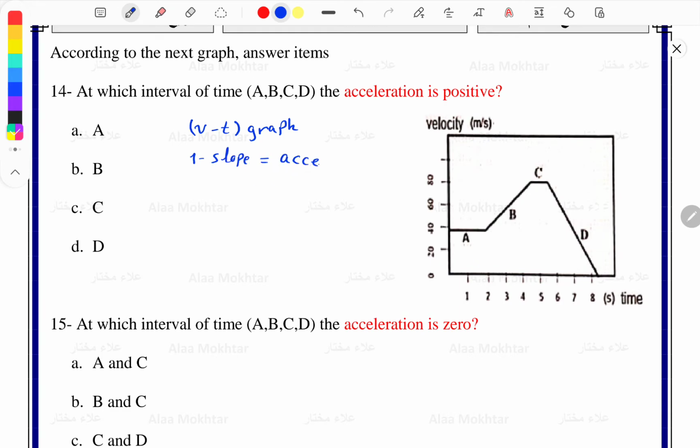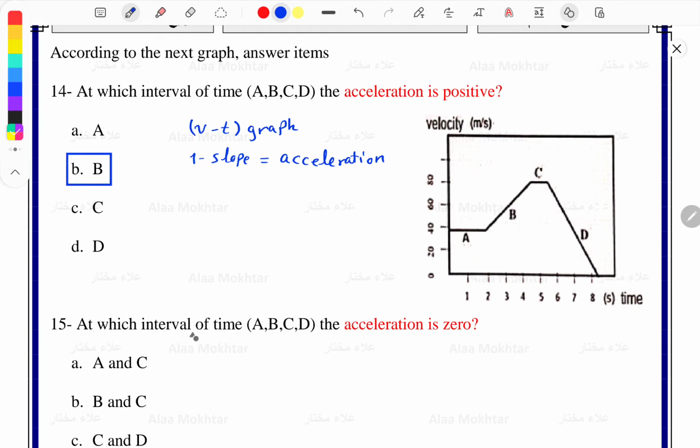Equal to acceleration. Good. Which acceleration is positive? A equals 0. C equals 0. The slope for B is positive. The slope for D is negative. Exactly. So B has a positive slope.